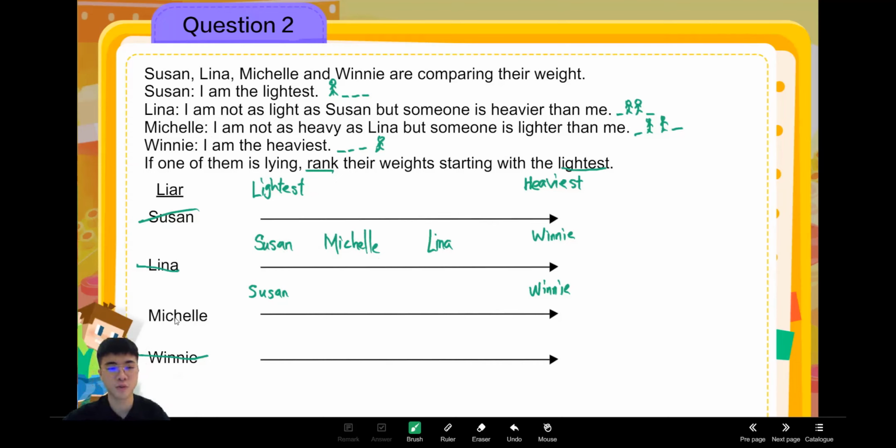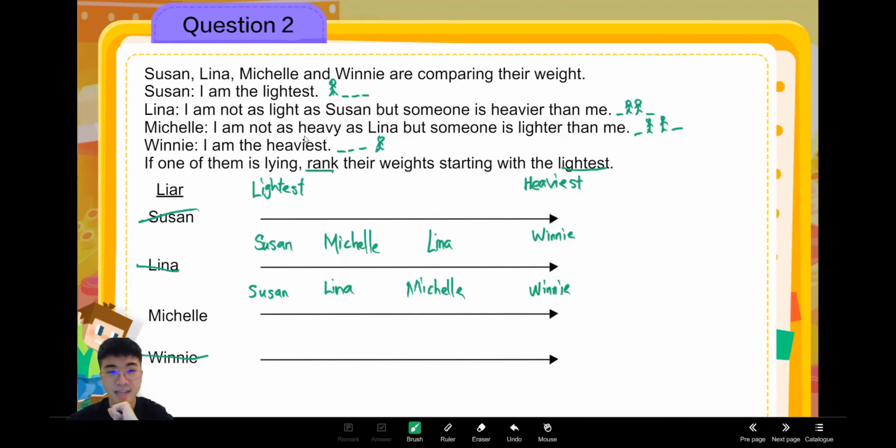Now let's go to Michelle. So if Michelle is lying, Lina says, I'm not as light as Susan. So Lina's here. But someone is heavier than me. So if someone is heavier than me, probably we just put Michelle. Hey, let's check if Michelle is really lying in this scenario.